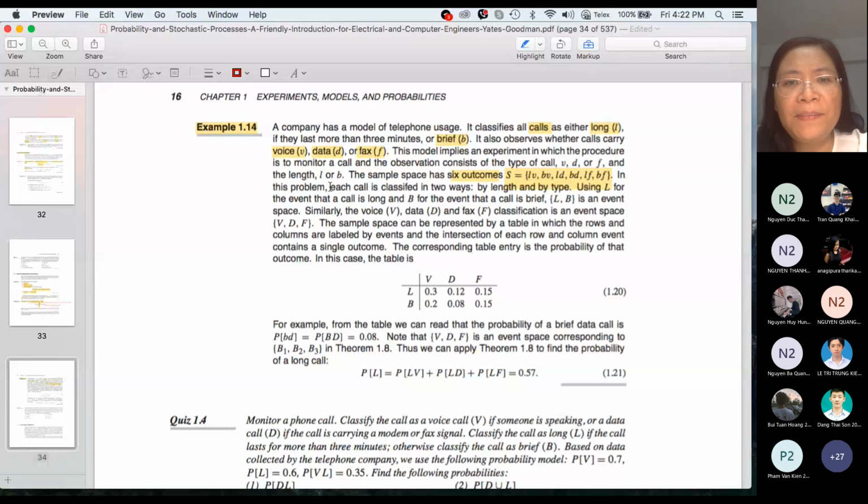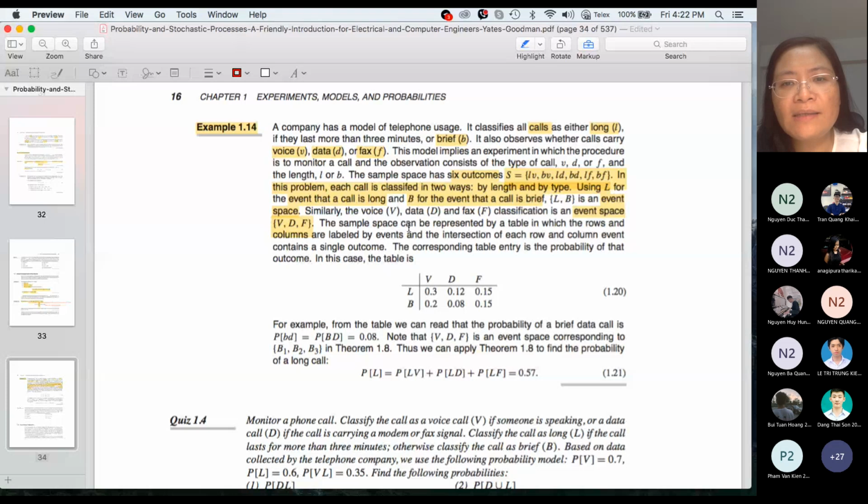In this problem, each call is classified in 2 ways, by length and by type. Using L for the event that the call is long, and B for the event that the call is brief, L and B is an event space. Similarly, voice, data, and fax classify the call too, so V, D, F is an event space.